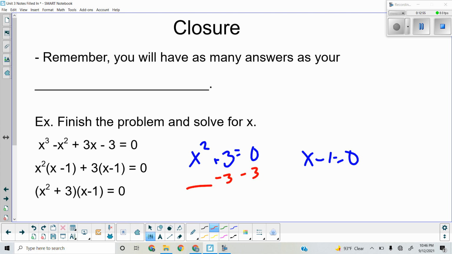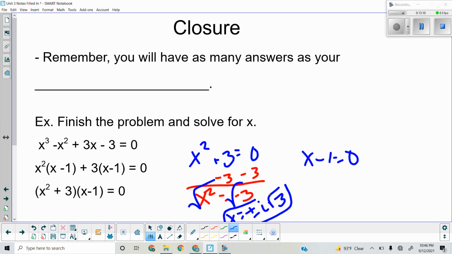Subtract 3. x squared equals negative 3. Square root, x equals plus or minus i square root of 3. And x equals 1.